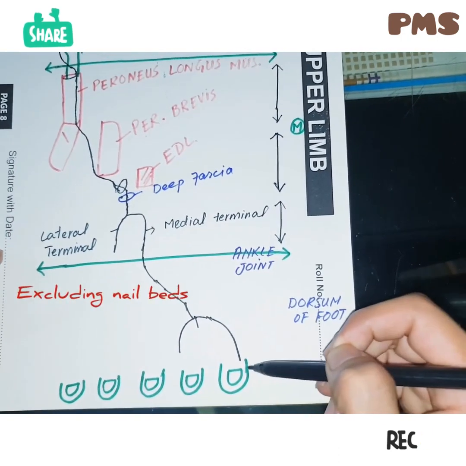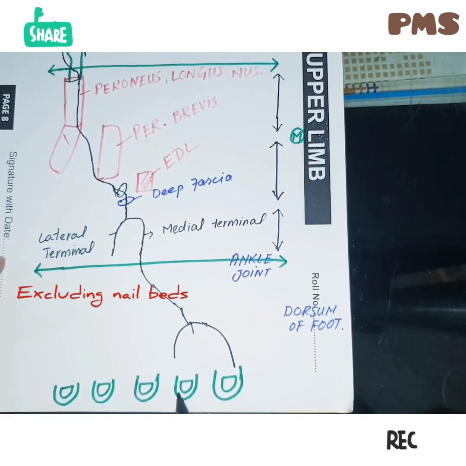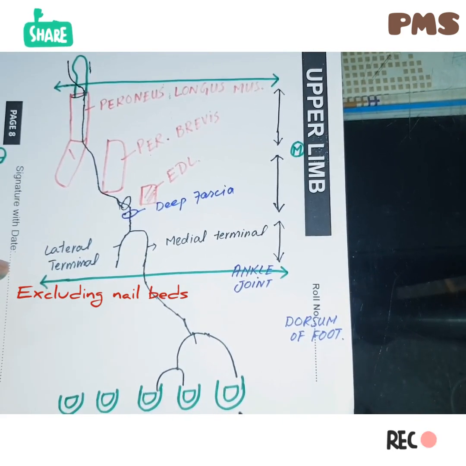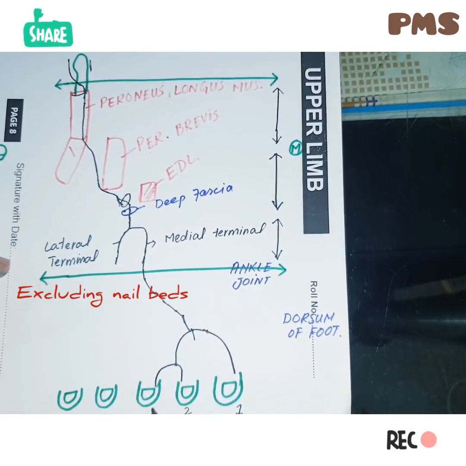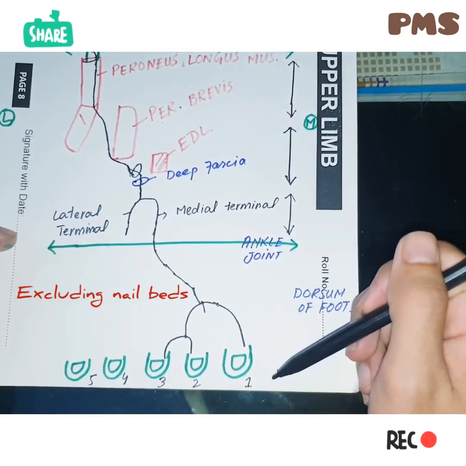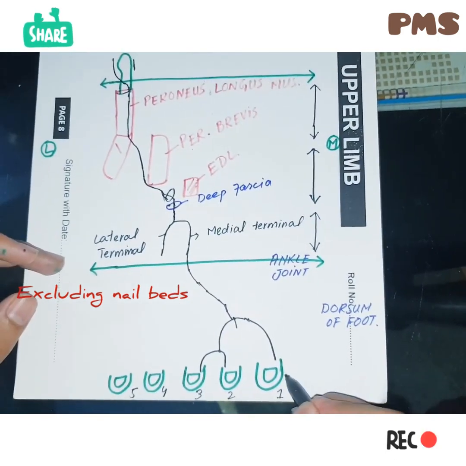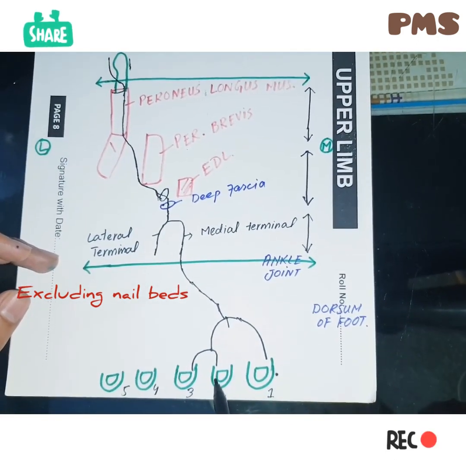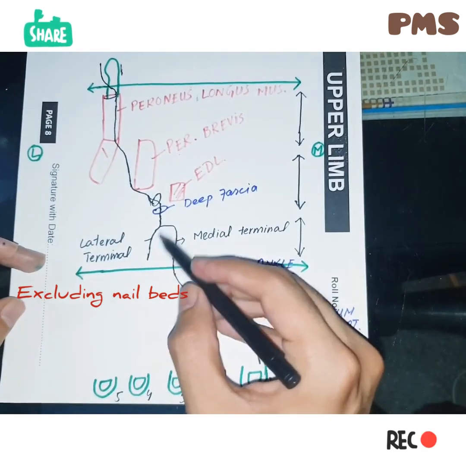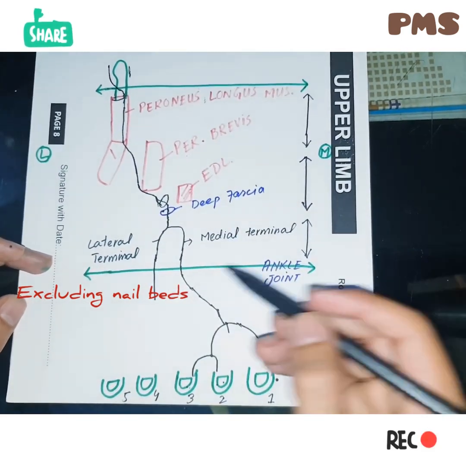One is for the medial side of the big toe, and the second is for the adjacent sides of the second and third toes. This is first, this is second, this is third, fourth and fifth.